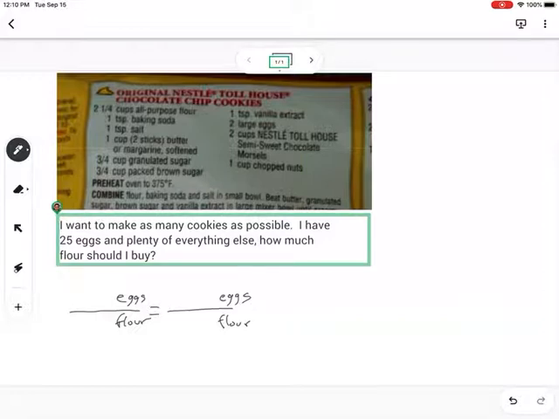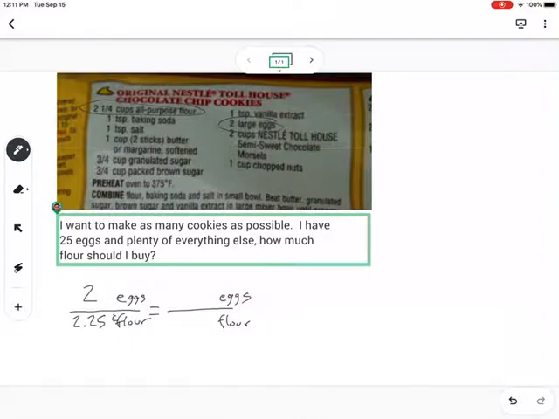Now the ratio in which I know both parts. I know that from my recipe up above, I have 2 eggs needed to 2 1/4 cups of flour, which I'm going to write as a decimal. So 2 eggs goes there, and 2.25 cups of flour.